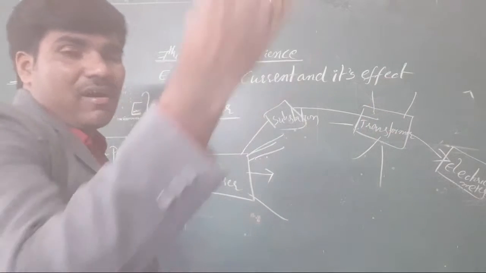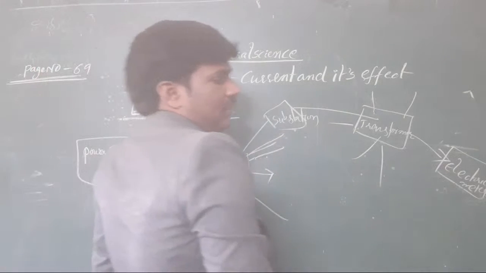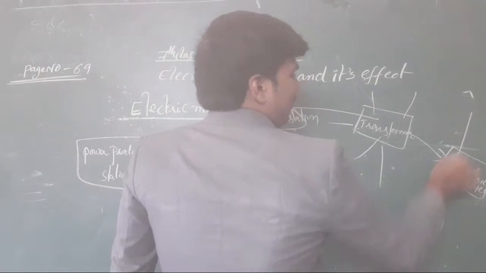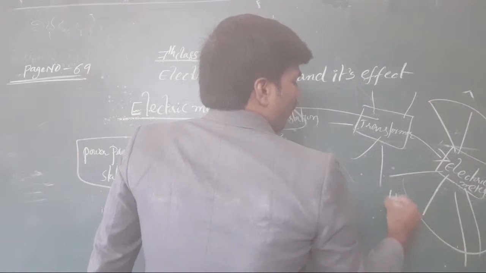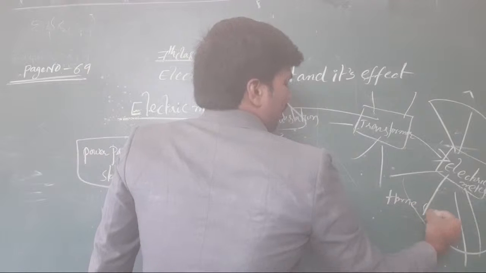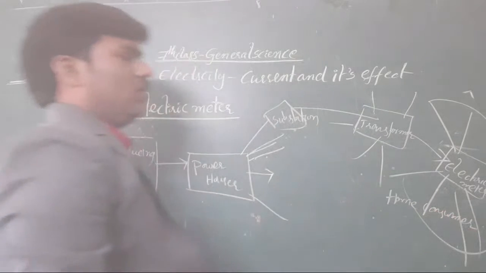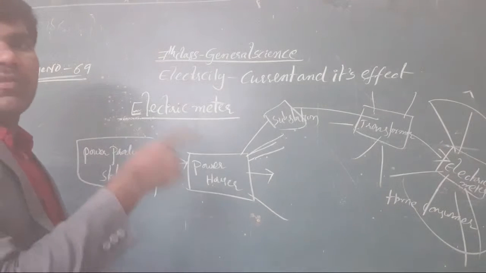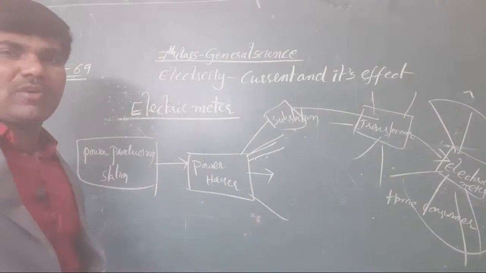Check here, all the wires come from where? From the transformer to our electric meter, and this electric meter sends the current into our home consumers. Okay, now home electric consumers. Clear or not, all the students? Okay, clear. This is only about the process of electricity conversion from powerhouses to our home.